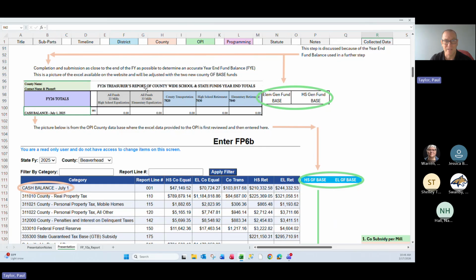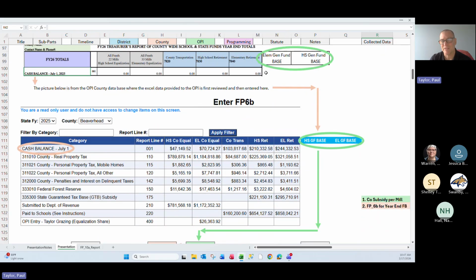This is a snippet of the actual Excel spreadsheet that is provided to counties. And then down here, after the OPI receives the FP6B that's completely filled in with that 13th month, some poor soul here at the OPI has to go and hand key all the information from those FP6Bs for the 56 counties. The reason it's done that way, I believe currently, is because there's a lot of checking that goes on.